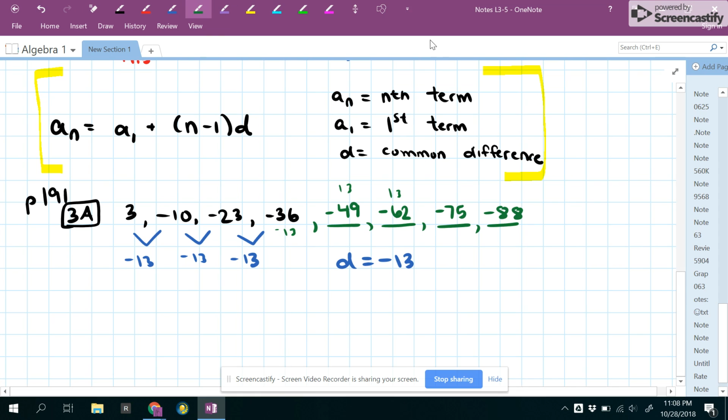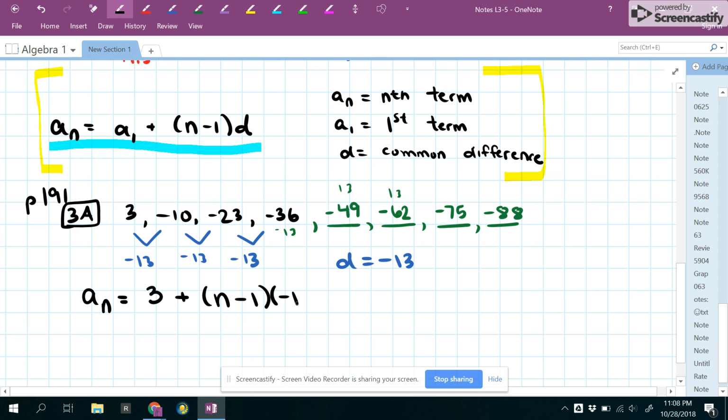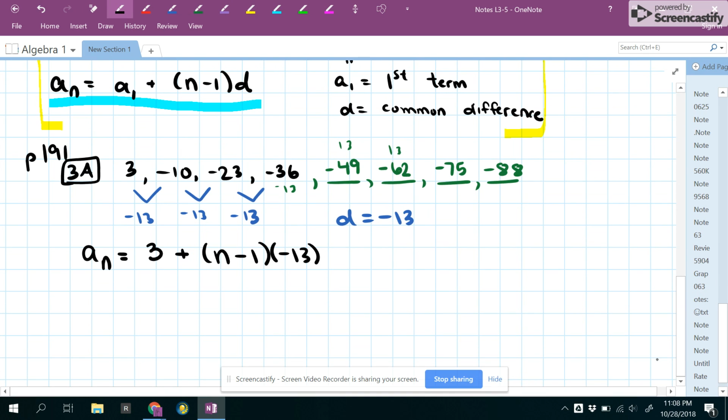So besides being able to find the common difference and listing the next terms out, you need to be able to write the equation. So again, it's a sub n equals a sub 1 plus n minus 1 times d. So you keep the a sub n, you fill in a sub 1, your first number, which is 3. You keep the n minus 1, and you fill in the common difference, which is negative 13.